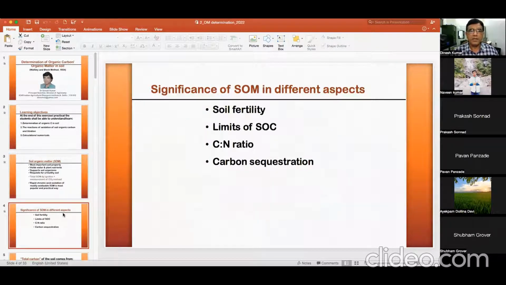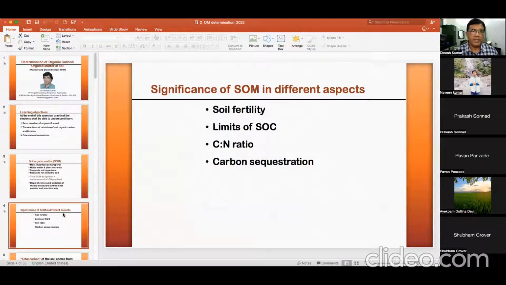Why do we estimate carbon? Why are we estimating organic matter? What is the purpose of estimating soil organic matter in the soil? Because it influences soil fertility directly. So in general, the higher the soil organic matter, the better the soil fertility. And we also can fix the limits of soil organic carbon.